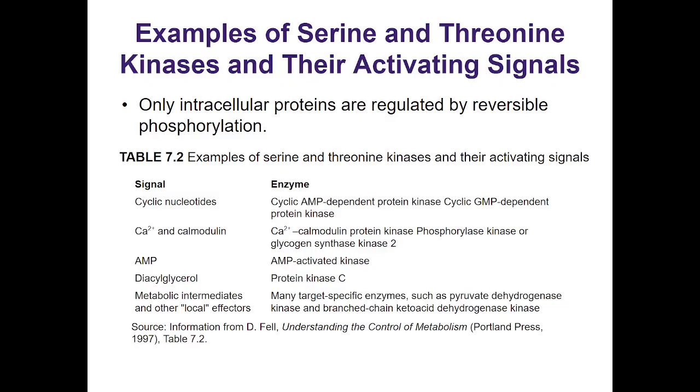Okay. So some of the examples of serine threonine kinases and their activating signals. Only intracellular proteins are going to be regulated by reversible phosphorylation. The examples of serine threonine kinases and their activating signals are these right here. For example, this right here is cyclic nucleotides.